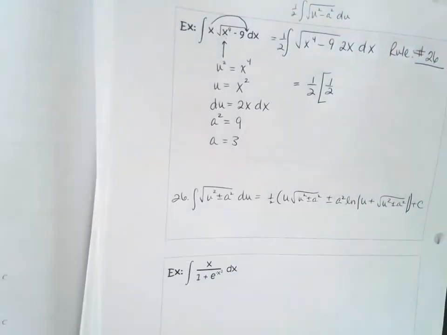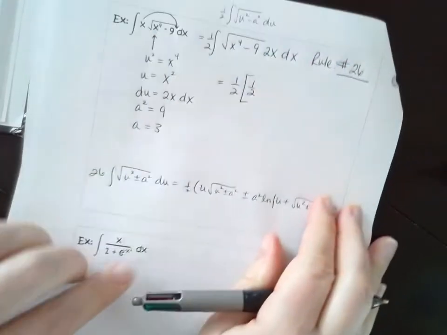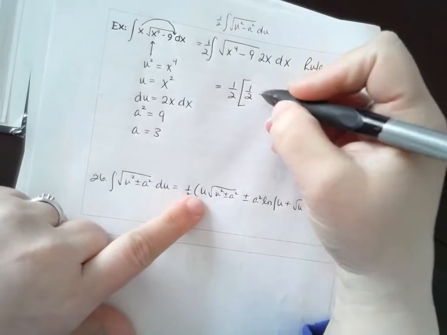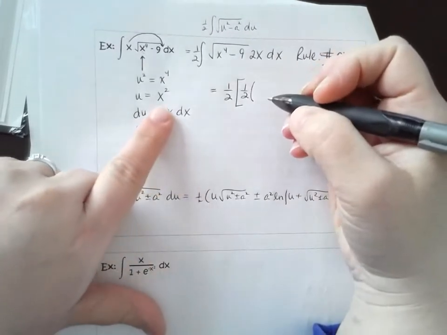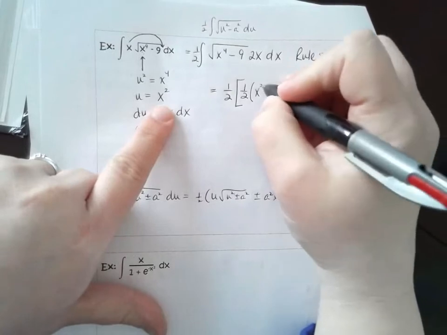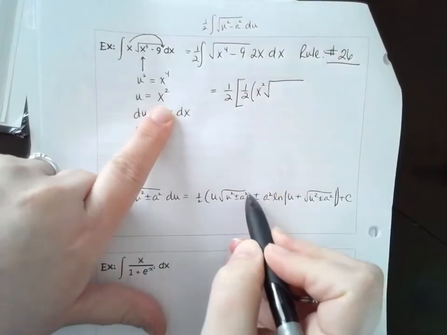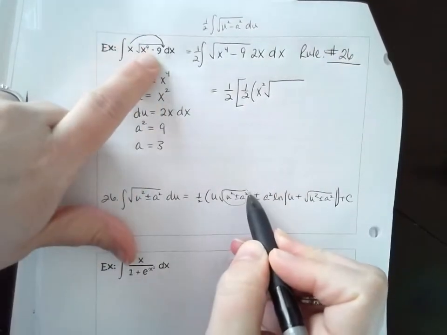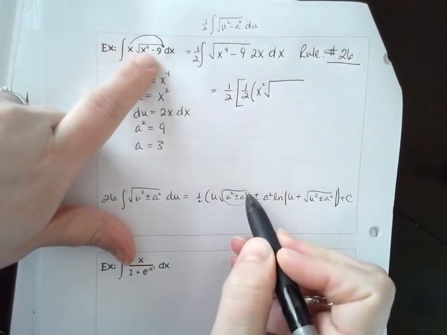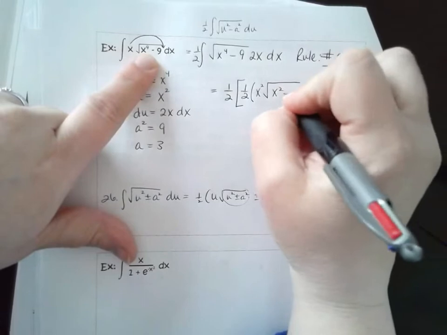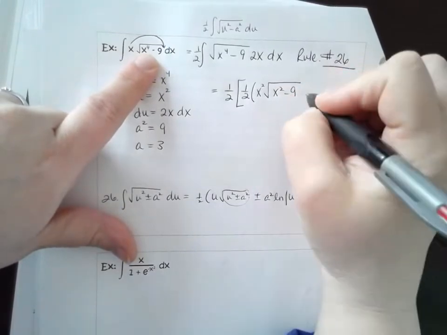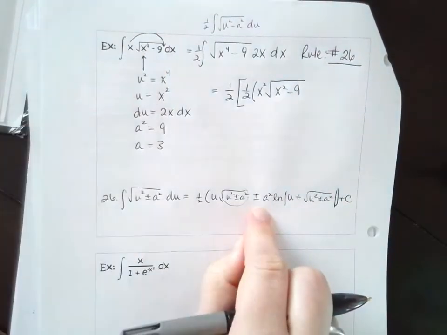Okay. So now that'll be a little bit easier. I'll write this all down. 1/2 times u. And remember, this portion right here is what we were comparing up here, so I'm just going to rewrite it as it appears up here. It's x squared minus 9, and it says plus or minus.